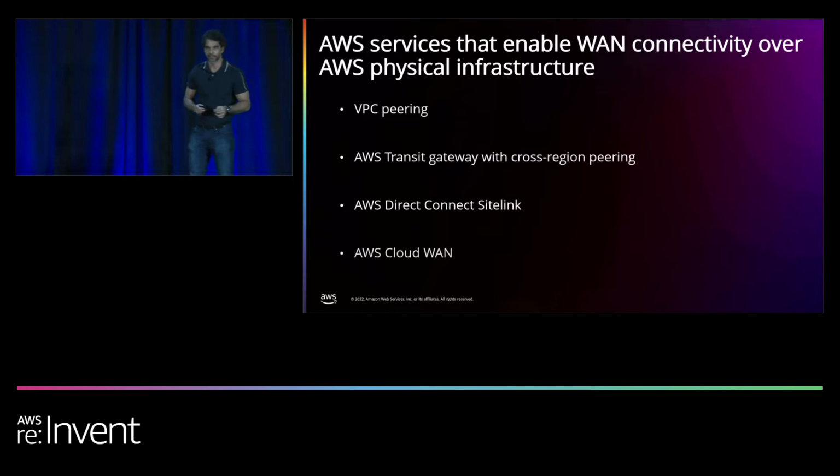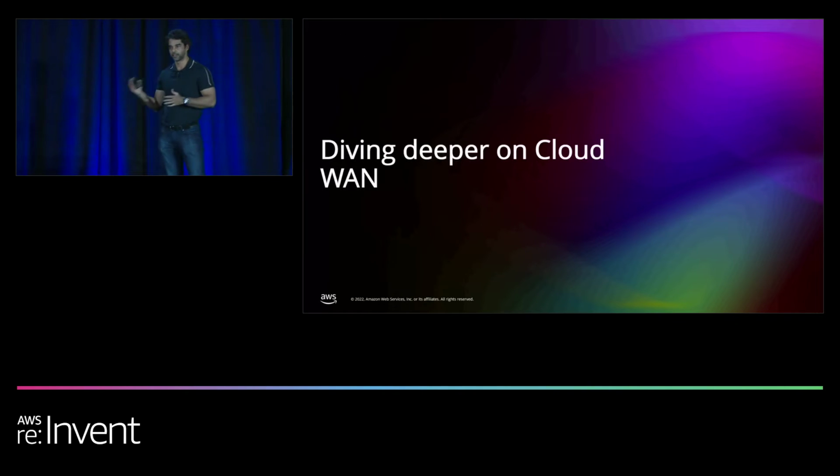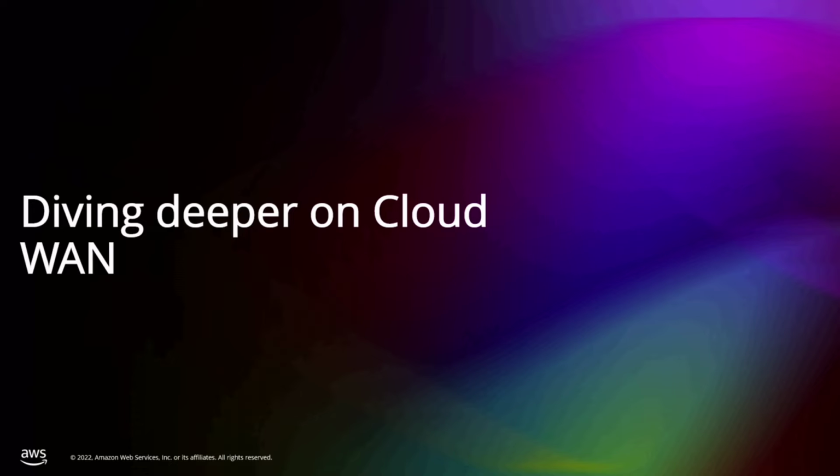But for everything else, Cloud WAN gives you this feature-rich WAN service on AWS, where you can connect your data centers, on-prem branch offices, as well as cloud resources. Now I'm going to hand it over to James, who will dive deeper into Cloud WAN and related architectures.